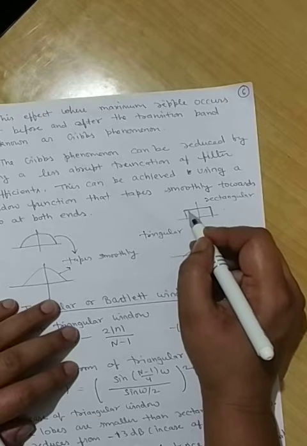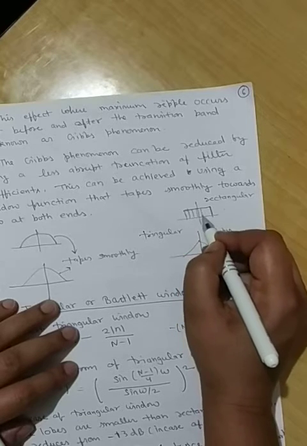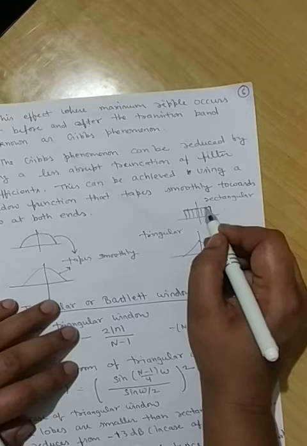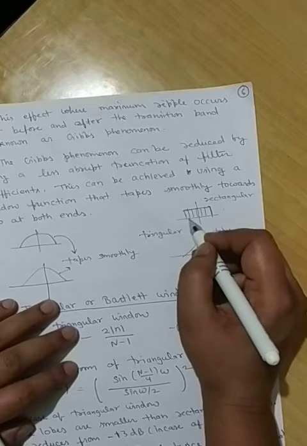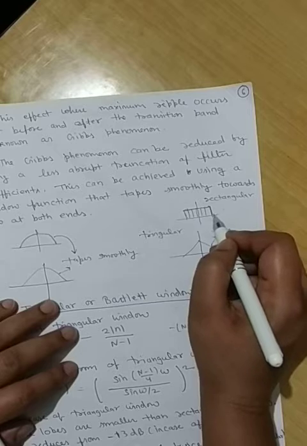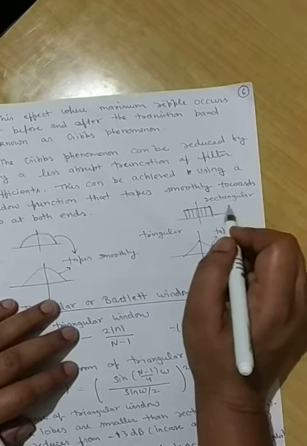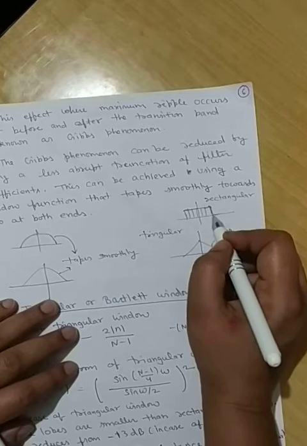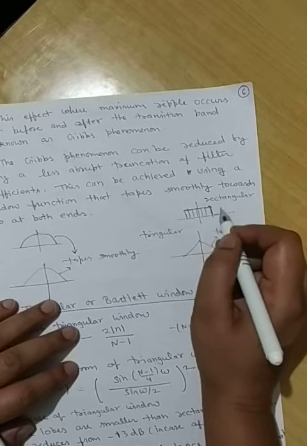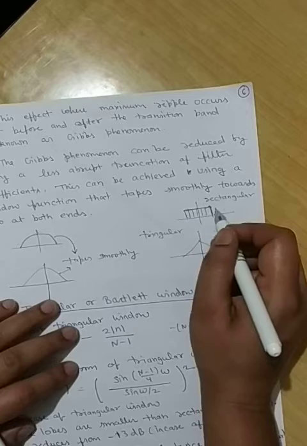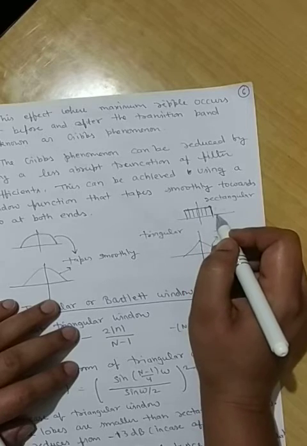Means if you want to design a filter of length n equal to 7, you are taking n samples, and after that you are taking 0. So you are making an abrupt truncation. If you want to reduce the ripple, you have to avoid the abrupt truncation.